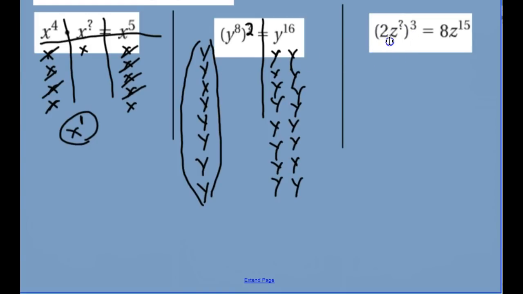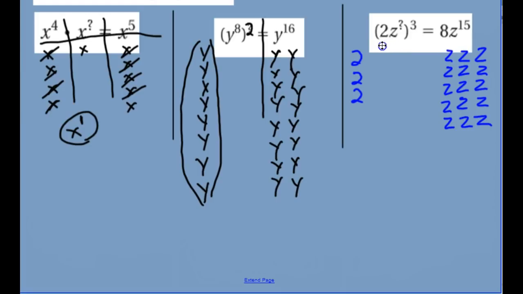Last problem, we know that we have 3 2's. We don't know how many z's we have, but over here we know that we have 15 z's. So 1, 2, 3, 4, 5, 6, 7, 8, 9, 10, 11, 12, 13, 14, and 15.